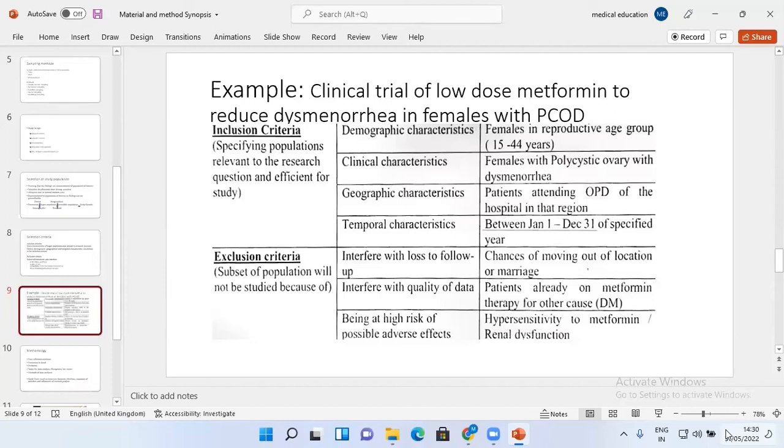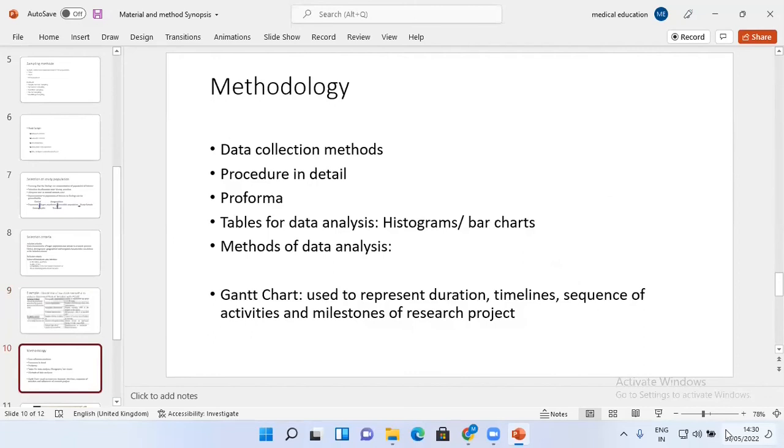So you have to define your study population properly in terms of inclusion and exclusion criteria. And I've already taught you how to decide your inclusion and exclusion criteria. Now, after this, moving on to the methodology proper. So you have to mention how you're going to do the data collection, and whatever you are going to perform, some procedure and obtain the results.